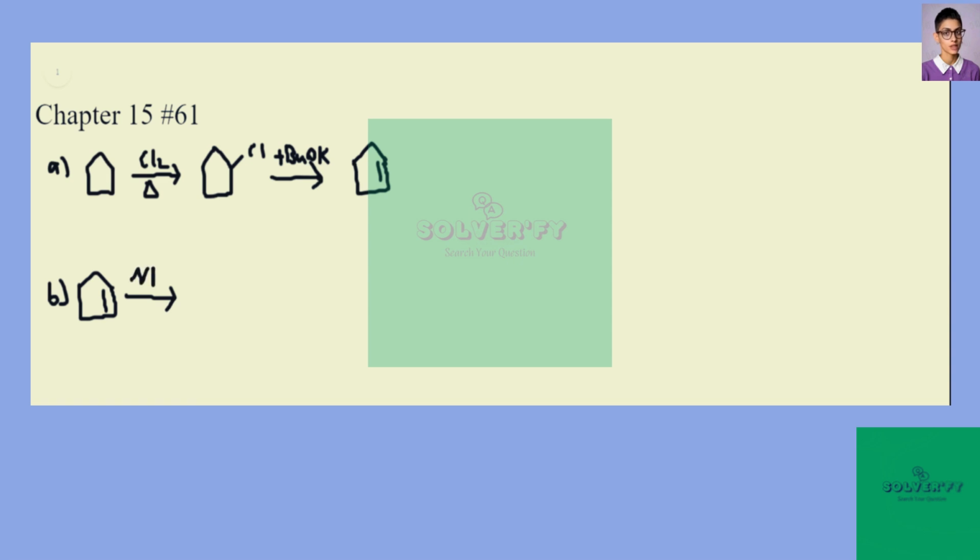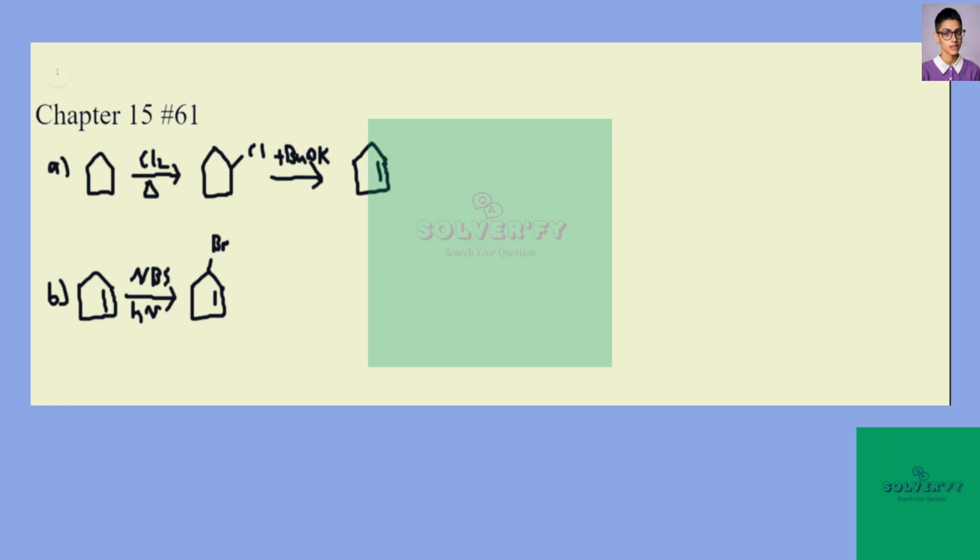So NBS, and that's going to give us an allylic bromination. And so there's our product for B.